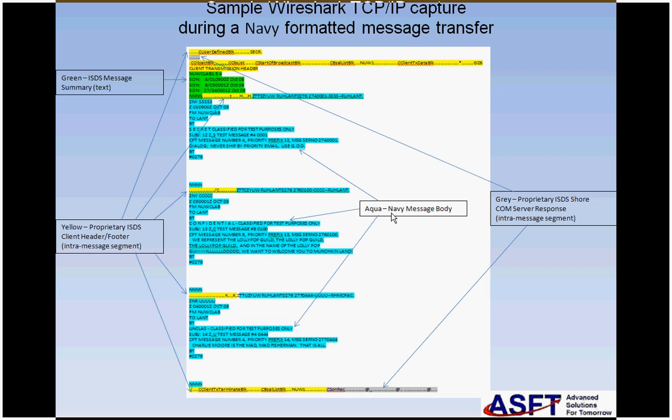The aqua colors note the Navy message body. The yellow and gray correspond to proprietary ISDS client headers and footers and proprietary ISDS shore comm server responses. The green section is an ISDS message summary.